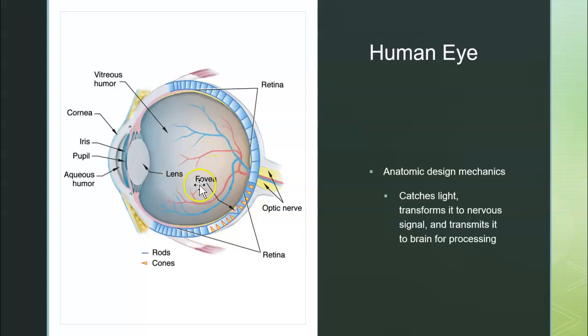This is the fovea right here, and we've got our lens. This is the vitreous humor, or aqueous humor, either one. Here's your cornea, iris, pupil, and you have aqueous humor right here. So vitreous and aqueous. It's important that you know where the rods and the cones are within the retina.